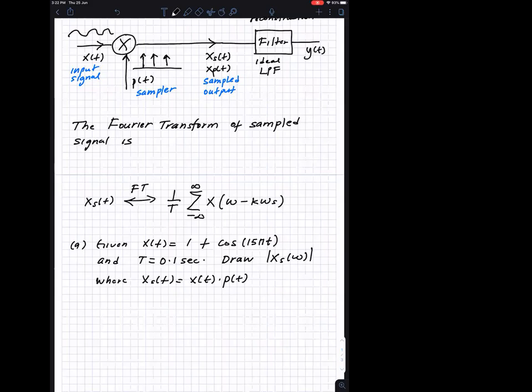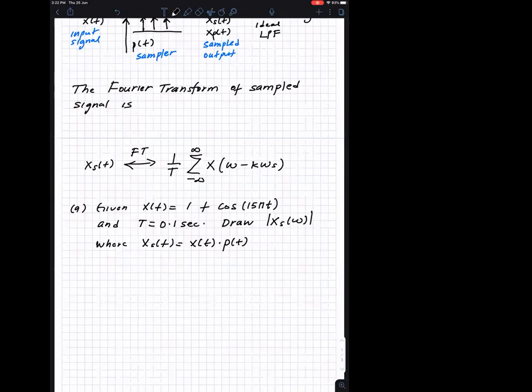After you draw this, first thing you have to draw this. Next, you have to determine the expression for y(t).